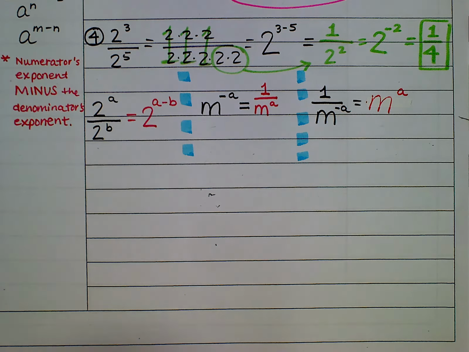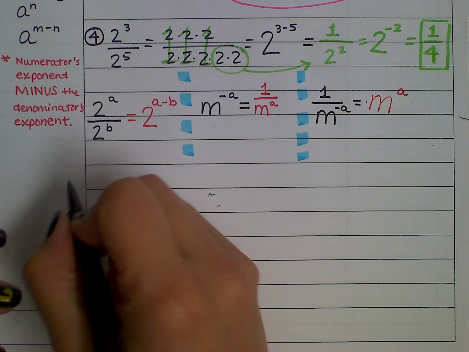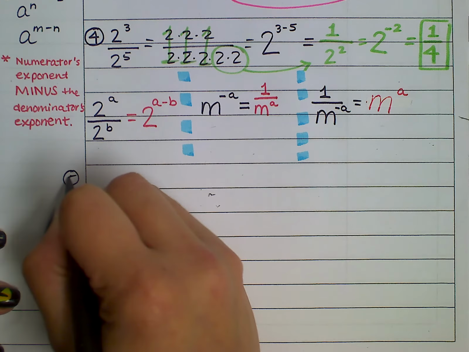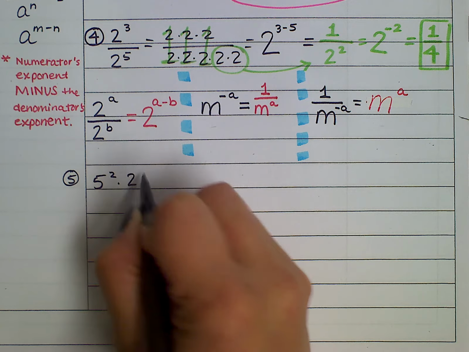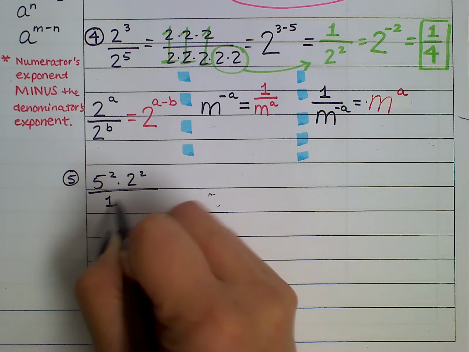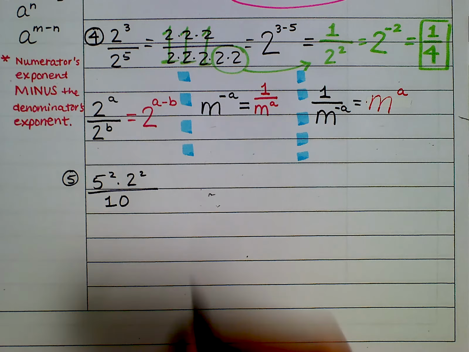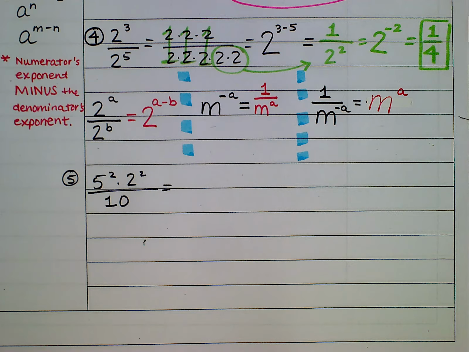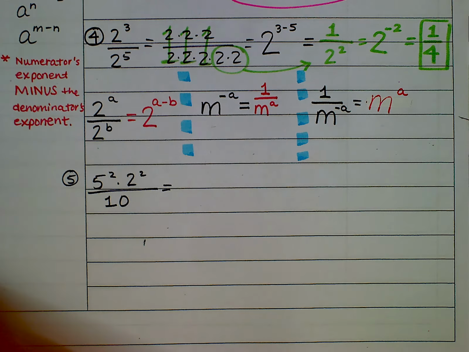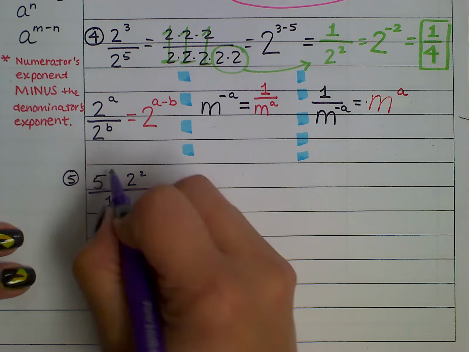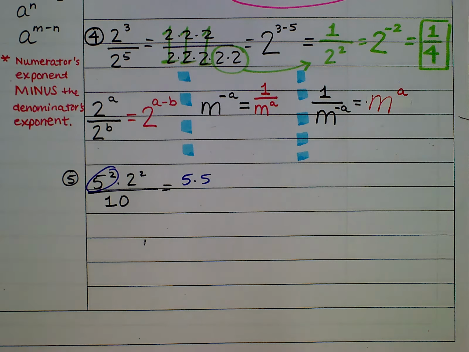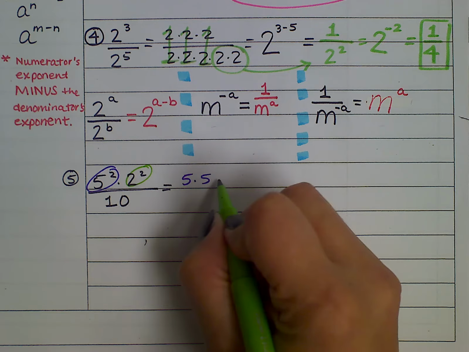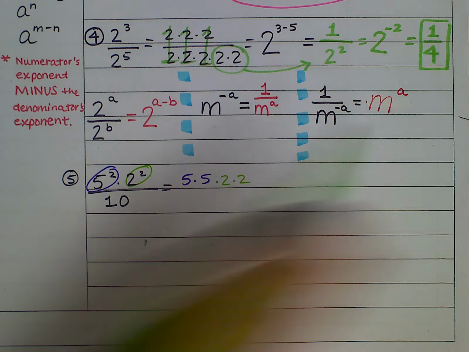Let's go ahead and continue with our last example. I guess this one is technically example 5. Why not? That's going to be 5 squared times 2 squared over 10 cubed. And there are several different ways that I saw you guys break this down. Now, some of y'all went ahead and broke it down by saying 5 times 5 and 2 times 2.